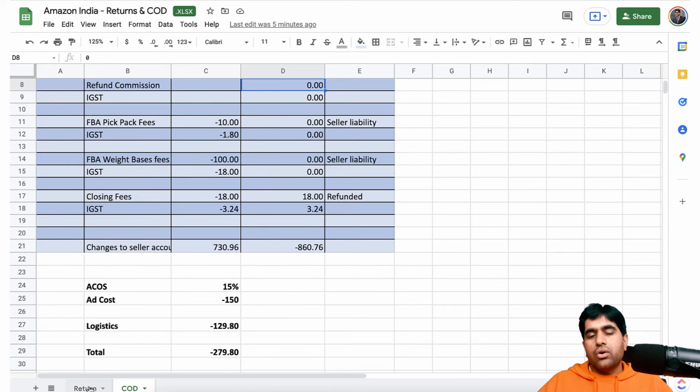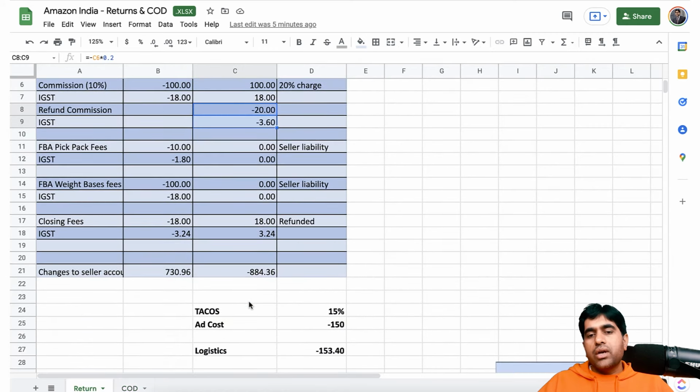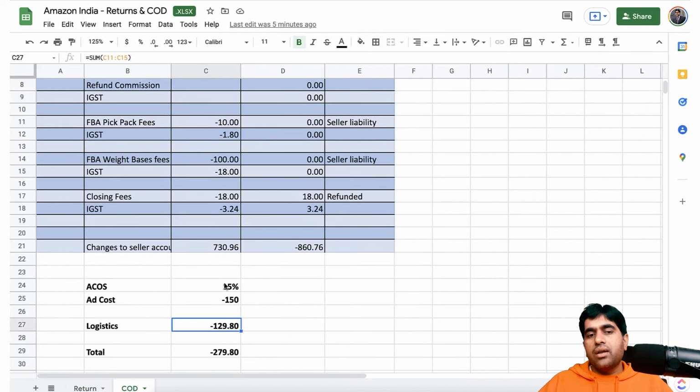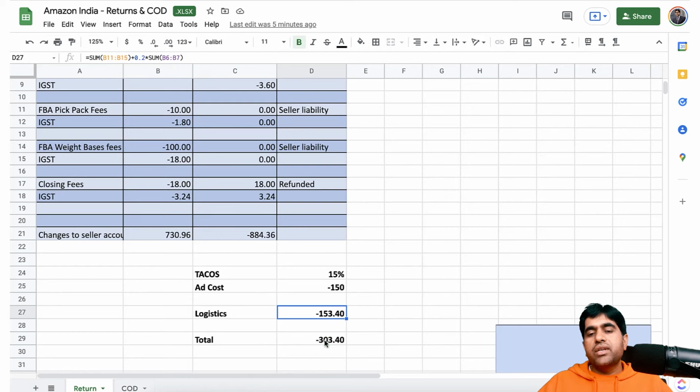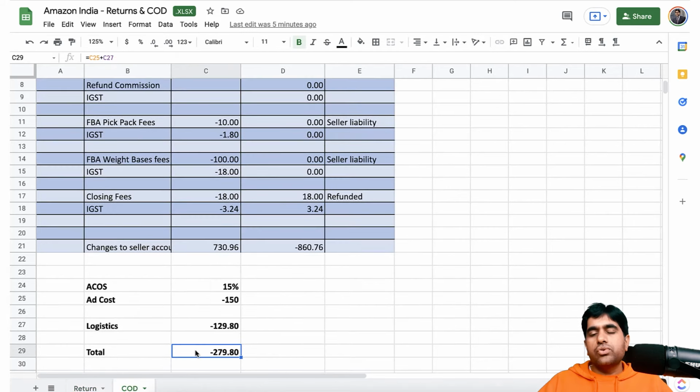Here your total cost is like 153, here it's 129, and adding your ad cost, it almost comes to 280 versus 300. So here it's 303 and here it's 279, so 28%, right? Again, which is very expensive.